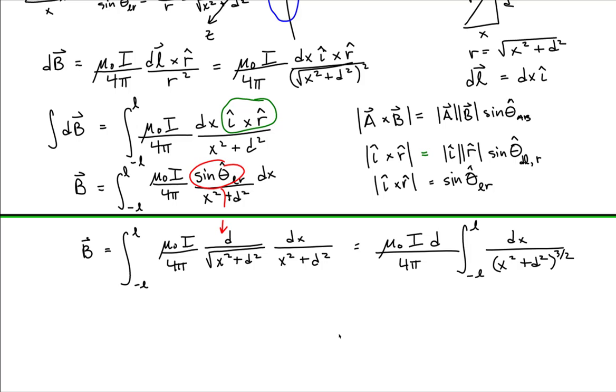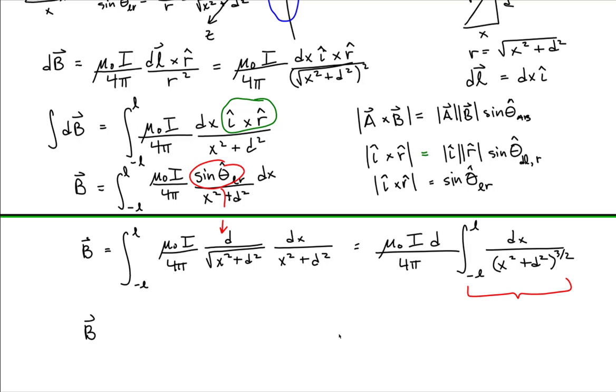We could look up this integral in an integration table. Or if you're hardcore, you could just do a trig substitution to figure out what that integral will evaluate to. But I'm actually going to look it up in an integration table.